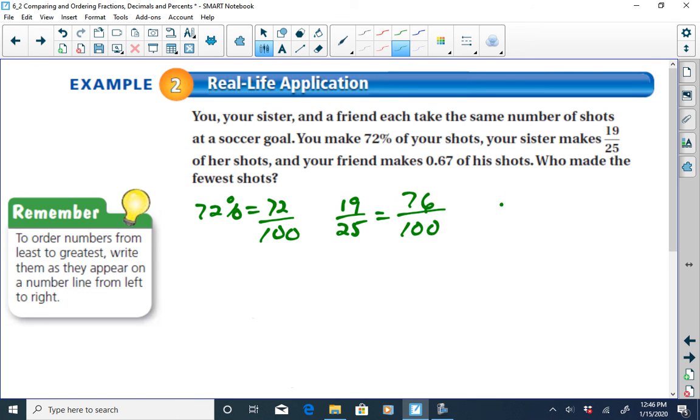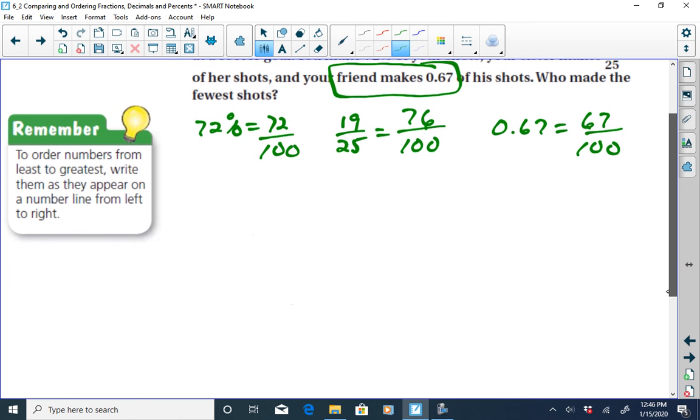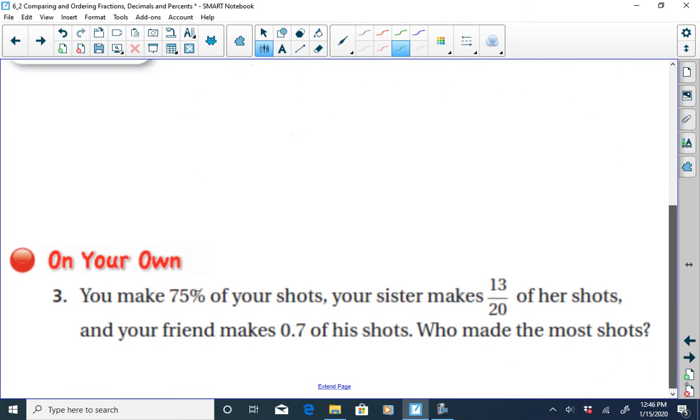And then we have 67/100ths. It's going to be 67 over 100. So who made the fewest shots? Well, your friend who made 67/100ths, that is the least value out of 100. Right? And we can see that when we write each of the values as a fraction over 100.